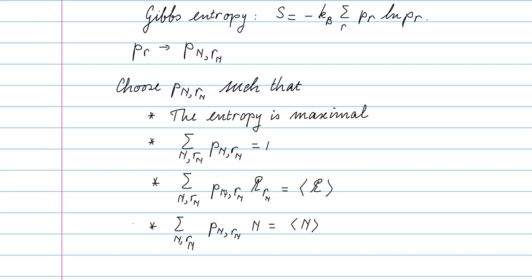The probability for each state multiplied by the energy for that state gives us the expectation value of the energy. Also, the number of particles is not fixed, but we fix its expectation value, which has a similar expression as the energy. And so we need to maximize the entropy subject to all these constraints.